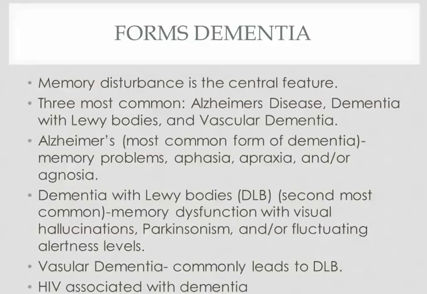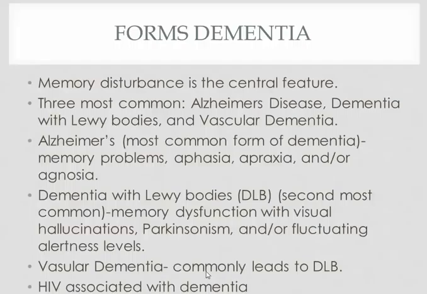There are three common forms of dementia: Alzheimer's disease, dementia with Lewy bodies, and vascular dementia. Alzheimer's, which is the most common form of dementia, consists of memory problems, aphasia, which has to do with language and speech, apraxia, which deals with motor movement, and agnosia, which can affect their ability to recognize objects, people, and events that they would normally be able to remember.